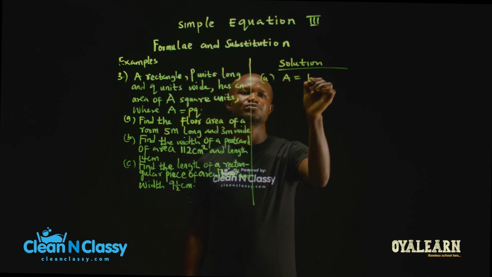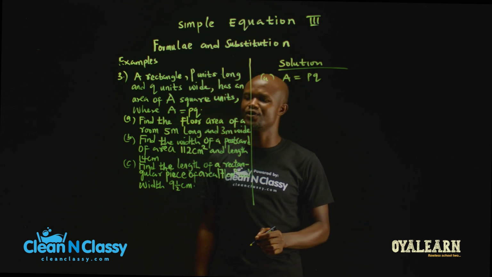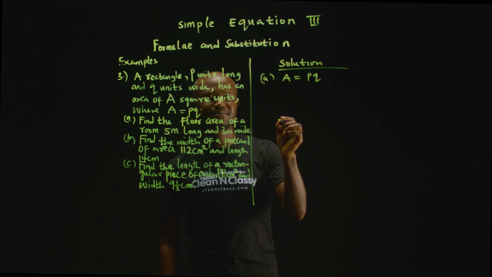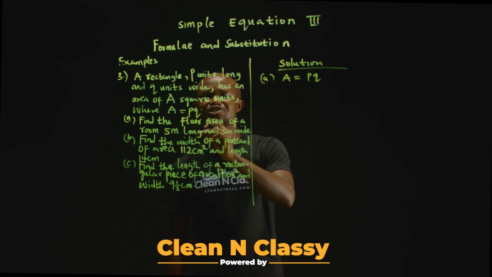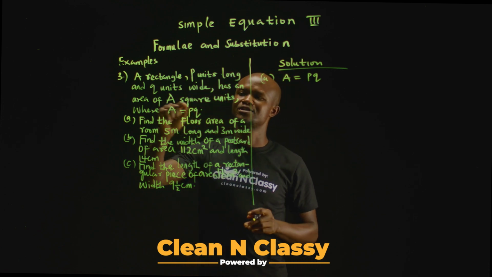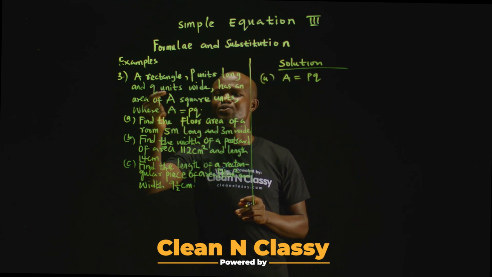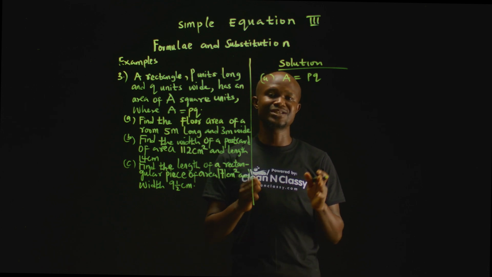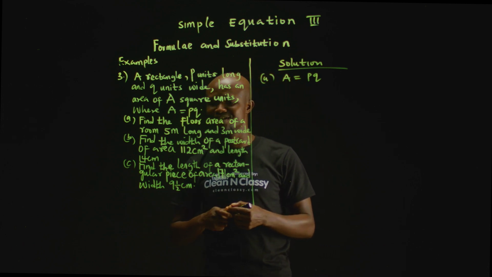A equals PQ. Find the floor area of a room 5 meters long and 3 meters wide. In this case, we know from the question that P represents the length, the longer part of the room because it's a rectangular room, and Q represents the width, or the breadth, of the rectangular room.